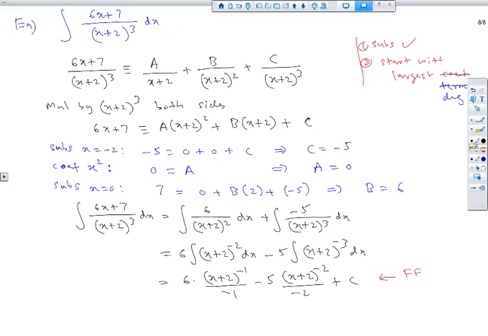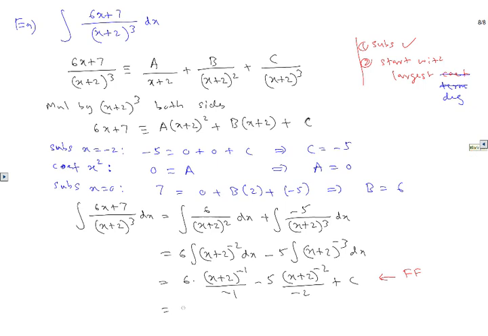Then you can write the final answer: negative 6 over (x plus 2) plus 5 over 2(x plus 2) squared plus c. So that is the integral.